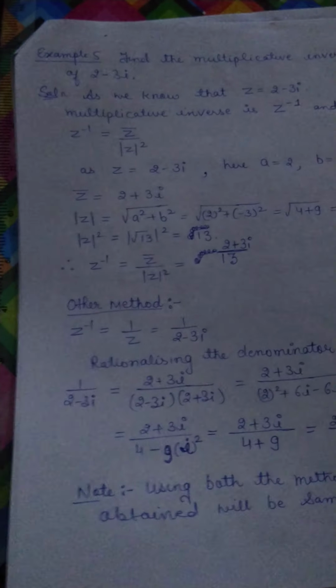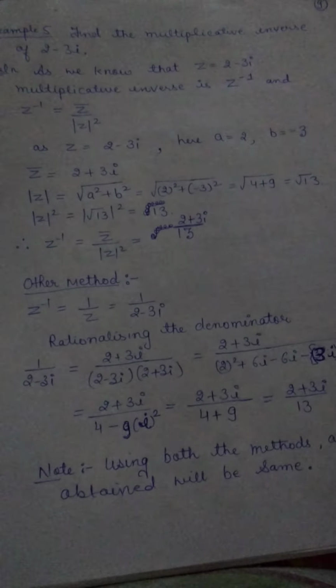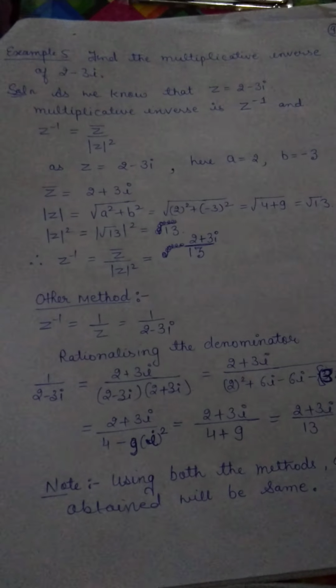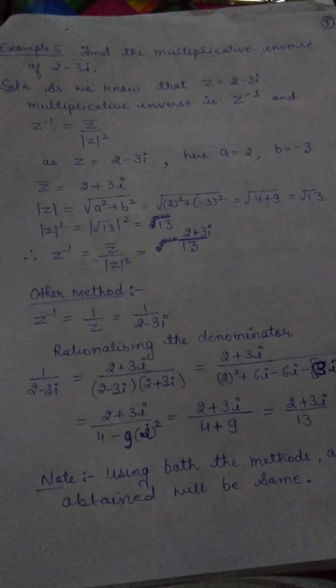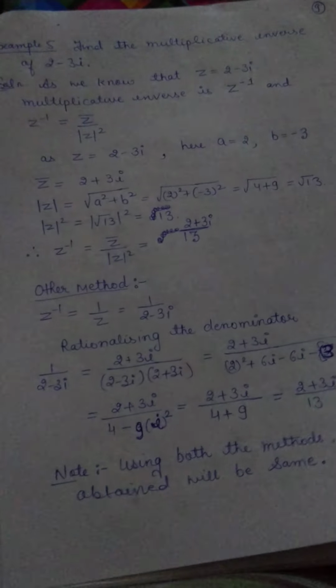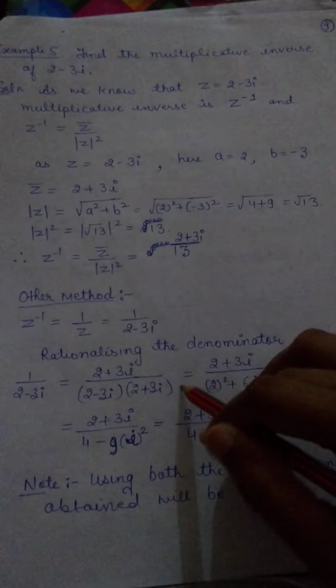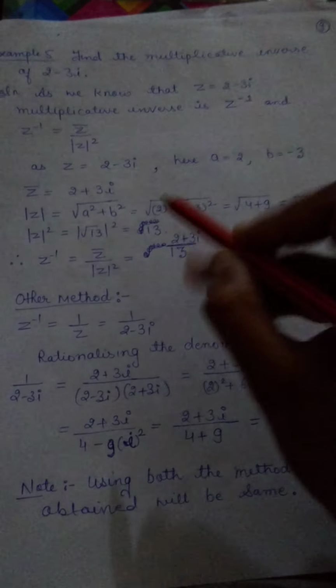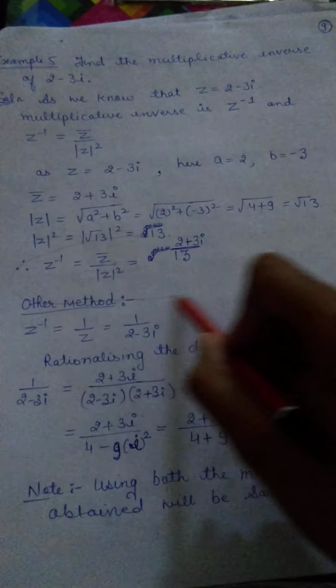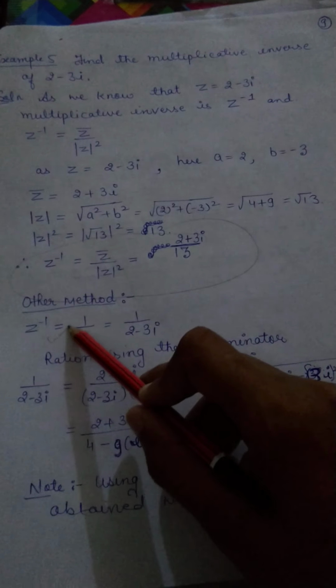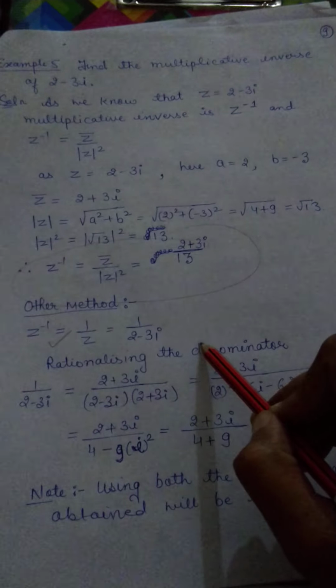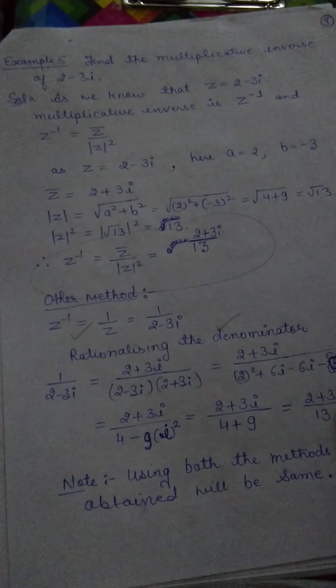Then this is your fifth example which I have discussed with you, that is to find the multiplicative inverse. And then bache, I have told you in this that there are two methods to find it. One is using this formula and the other one is using 1 upon z and then rationalizing it.